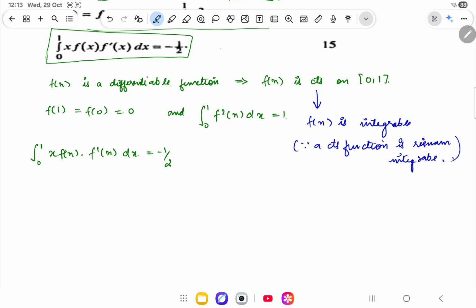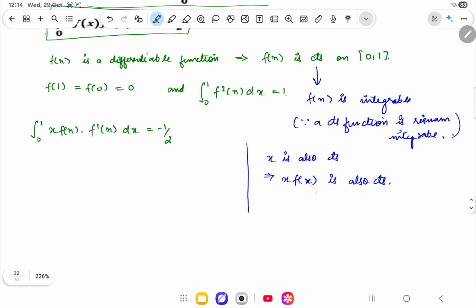Since function f(x) is integrable, and x is also continuous, x f(x) is continuous. And since f(x) is differentiable, x f(x) will also be differentiable. So using that we can integrate it, and x f(x) is also integrable.